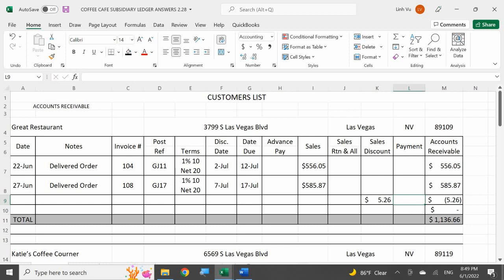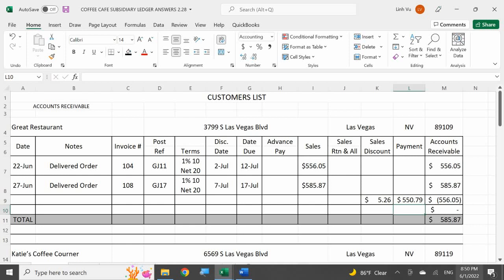So in this case, he should have paid a total of $550.79 to give you that total of $556.05. Making sure that the next one that he owes is invoice number 108, for the total of $585.87. So in this case, this holds true.